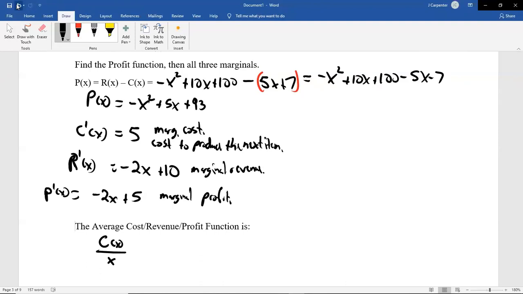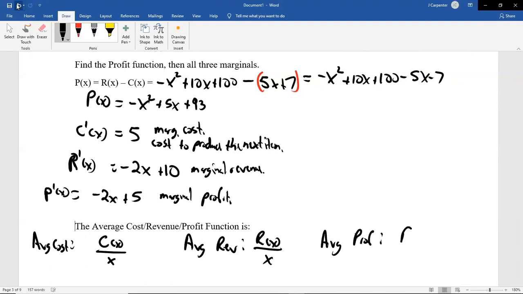That would be the average cost. The average revenue would be R of x divided by x. And the average profit would be, guess what, P of x divided by x.